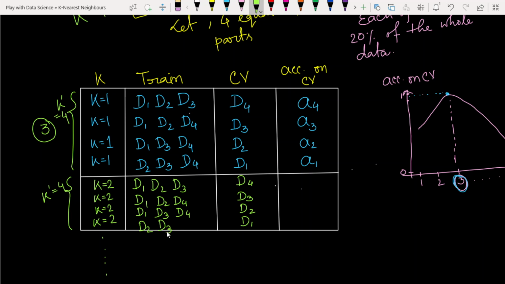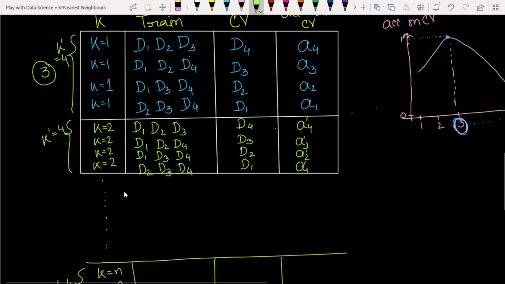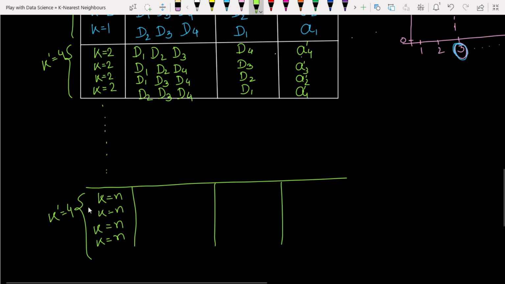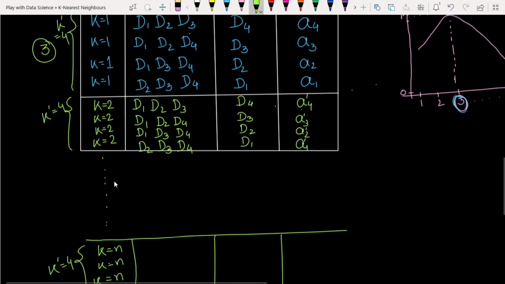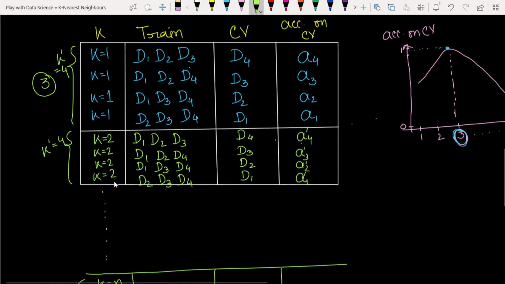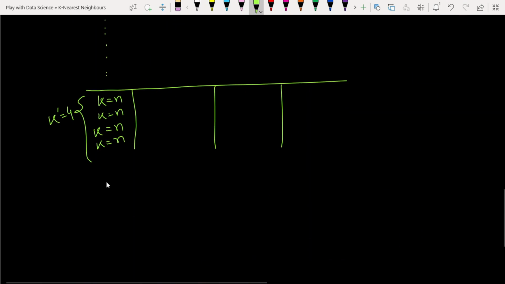And this will be d2, d3, d4. Let's take these values as a dash 4, a dash 3, a dash 2, a dash 1. We are doing the same thing for n data sets. If we have n number of data points in our training data, we do the same thing for n number of data sets.